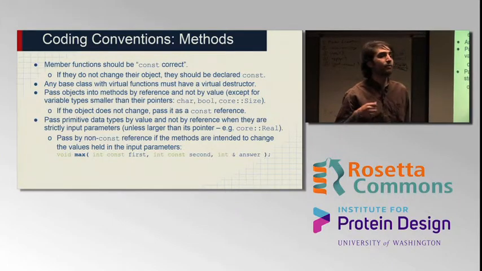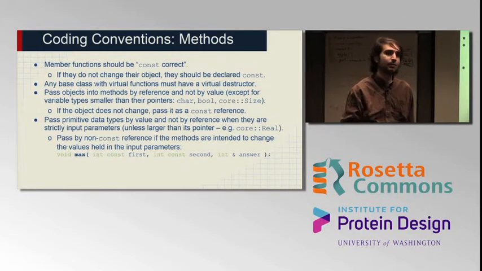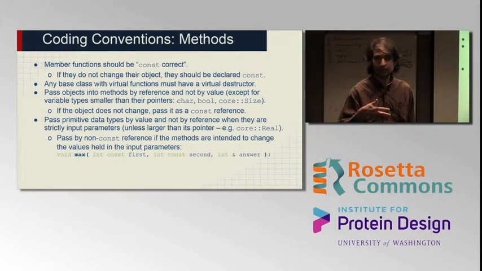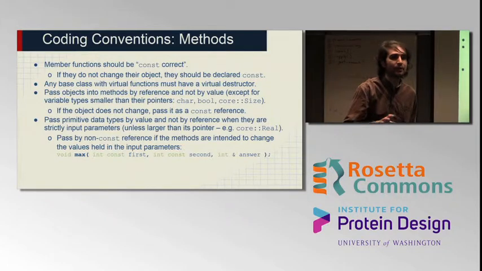Pass objects by reference and not by value unless it's an object that's smaller than the size of a pointer to that object. So a bool, a char, or a core size should be passed by value, or an int, but we try to avoid using ints. And only pass by non-const reference if the function changes the thing that it's operating on.